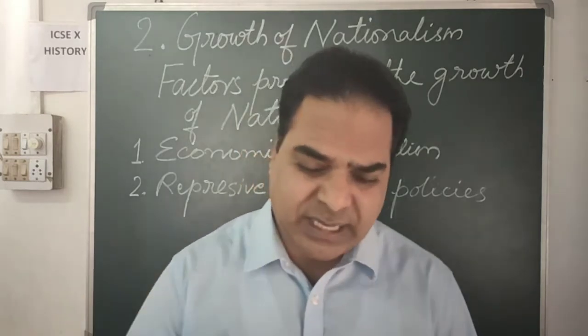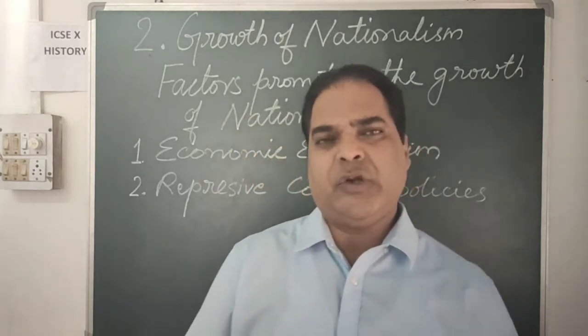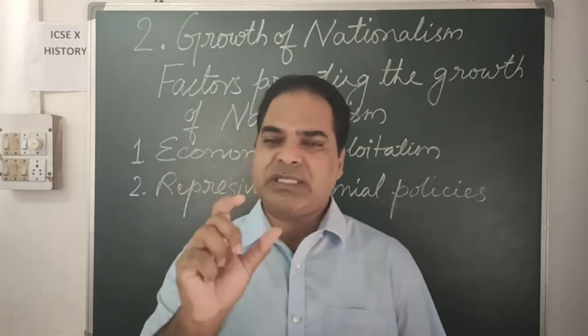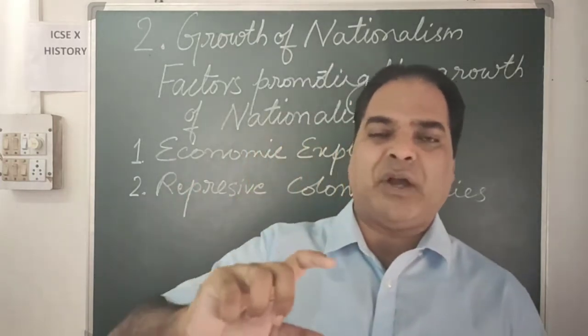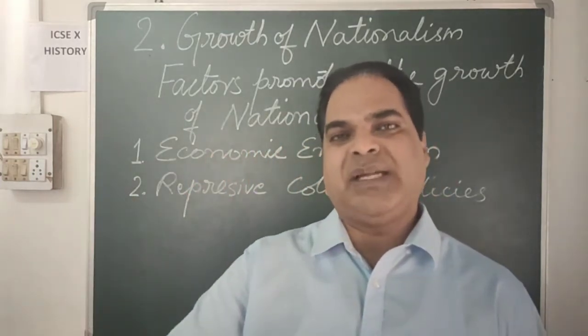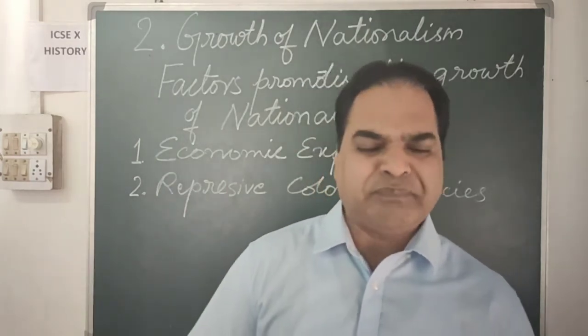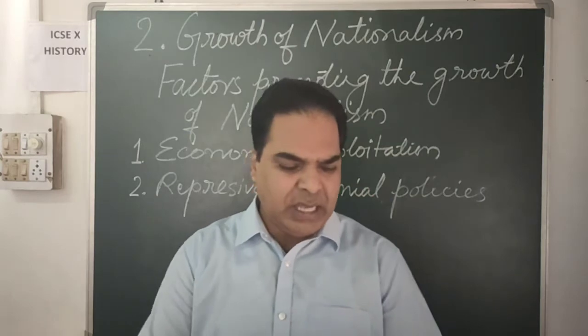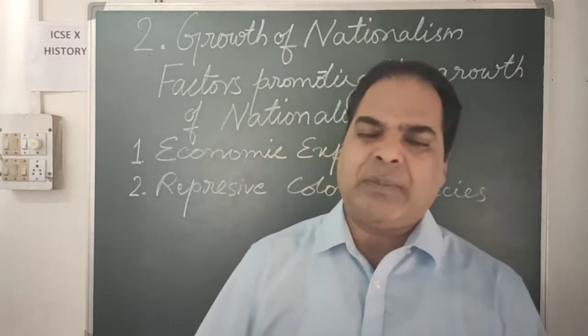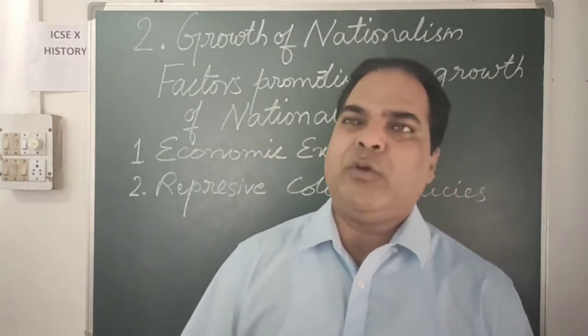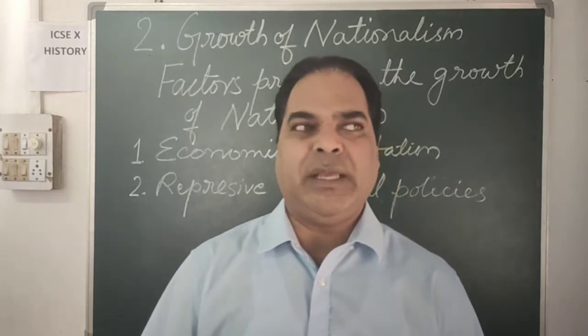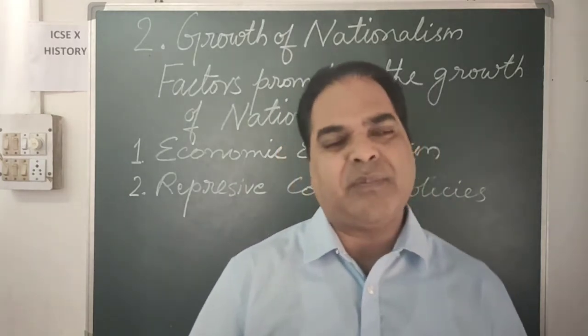Then the second system they introduced was the ryotwari system. That was a system where the government will have direct contact with the peasant, and the government will collect the revenue from the peasants. When the peasants could not pay the revenues on time, zamindars forcefully evicted the peasants from their land.